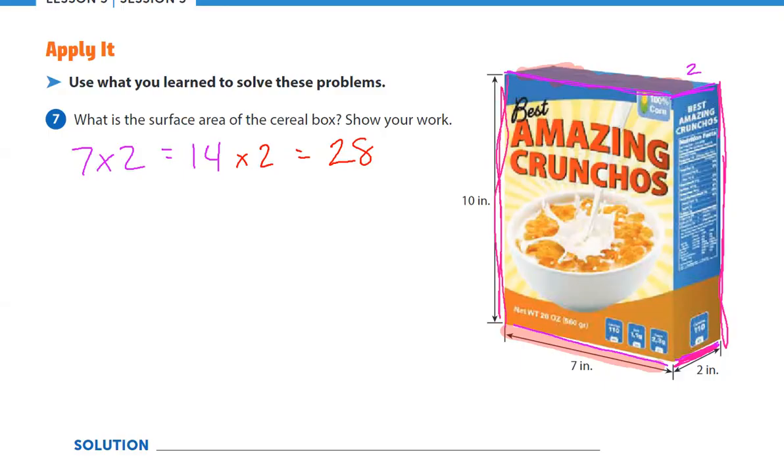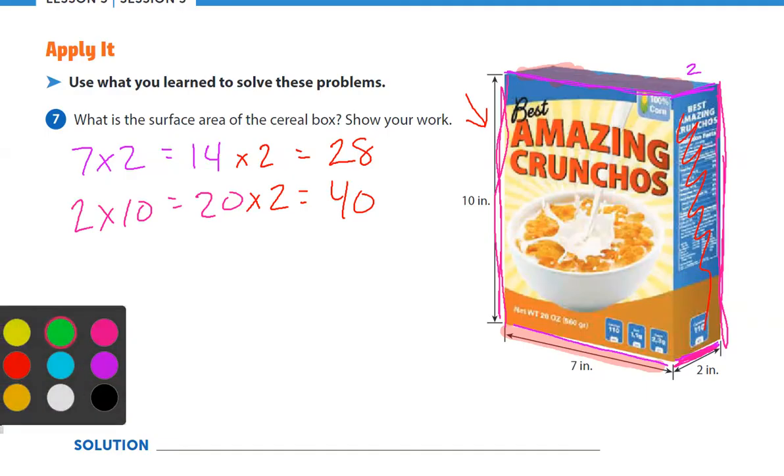They're congruent. Okay, so both the sides are 2 by 10, which is 20. But again, there are 2 sides. There's this side and this side over here. So those sides are 40.